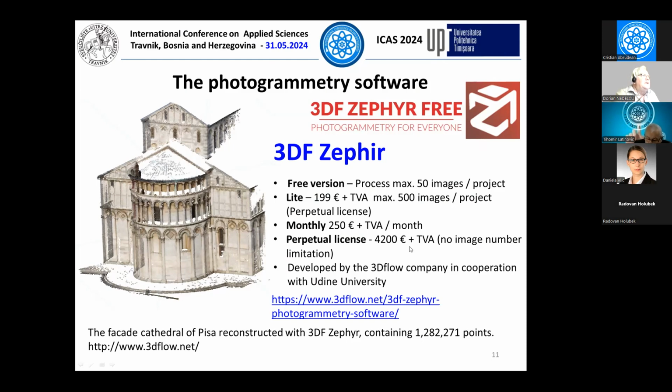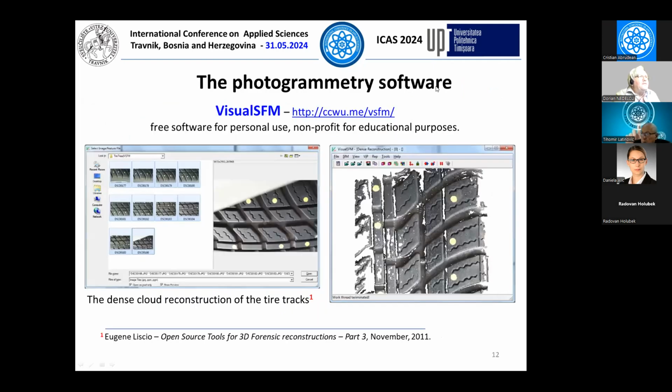This software is produced by an Italian company. This is an example of the Cathedral of Pisa reconstructed with this software. Another software is Visual SFM. It's free software for personal, non-profit, educational purposes.